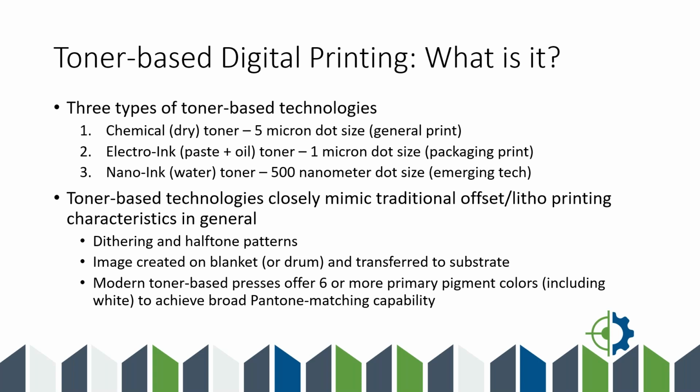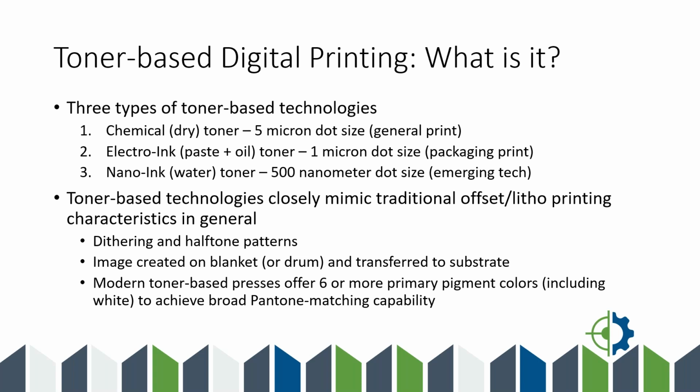In the world of toner, there's the old technology, the current technology, and the emerging technology. In the beginning, every toner was a dry toner. In essence, it was ground down. The pigments were ground into fine granules, around a 5 micron dot size.